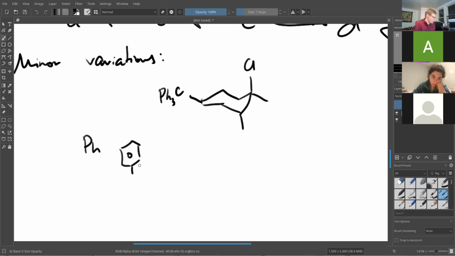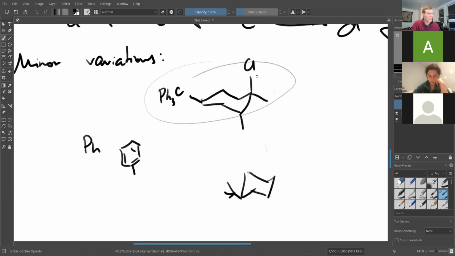It's one of these, or alternatively, it's this. So this CPh3 is huge. It's massive, right? You know how tert-butyl can't, if you have a ring with tert-butyl, this thing can't ring flip. Well, this one's like not being able to ring flip on steroids. So this one's certainly not going to flip and do anything, right?